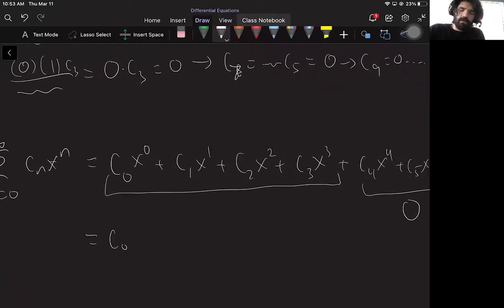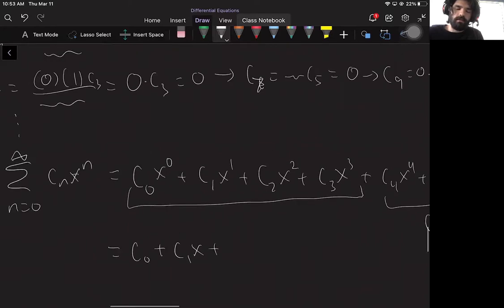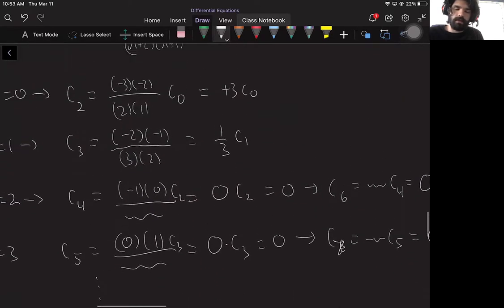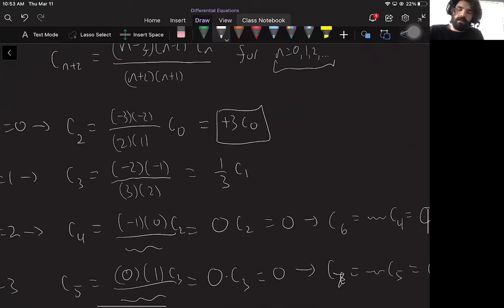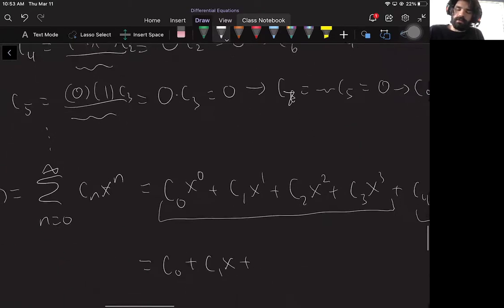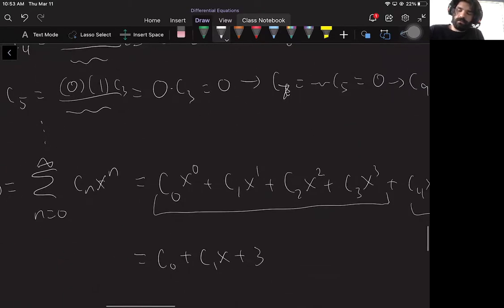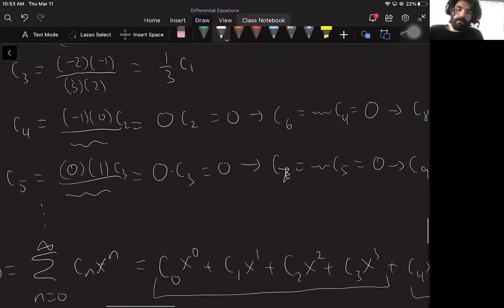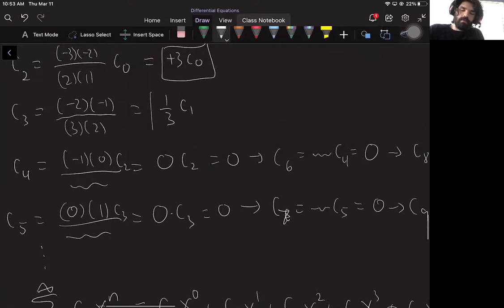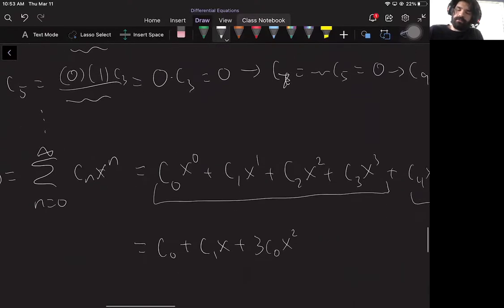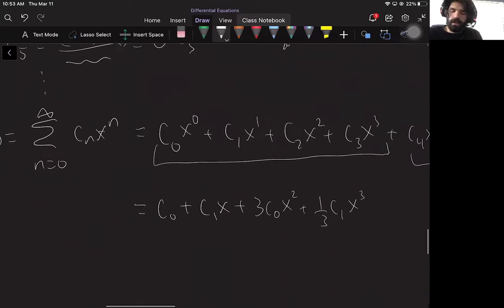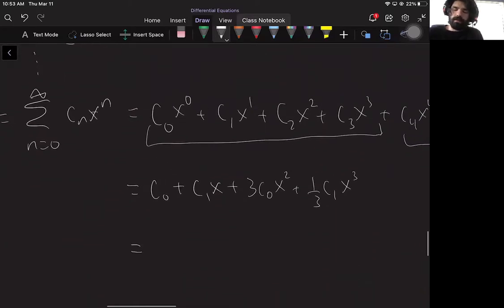So we get C0 plus C1 x plus C2, which we can write in terms of C0. So this is 3C0 x squared now. And then C3 is 1/3 C1 x cubed. And then we're going to group the C0s together.